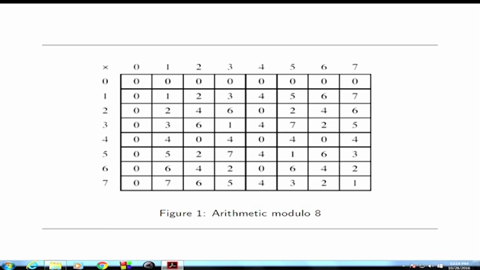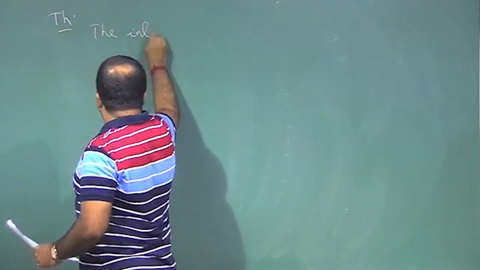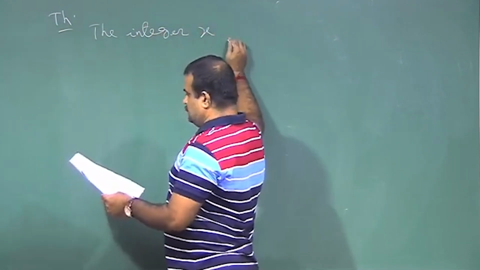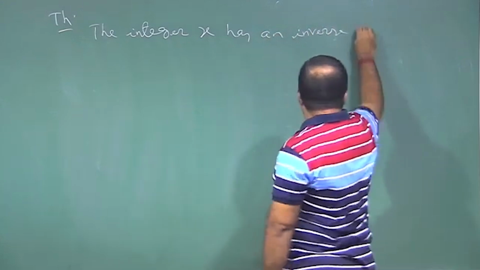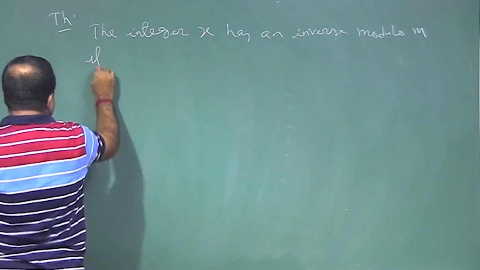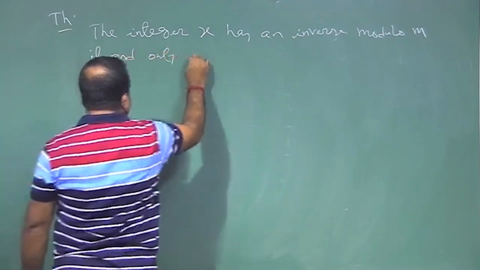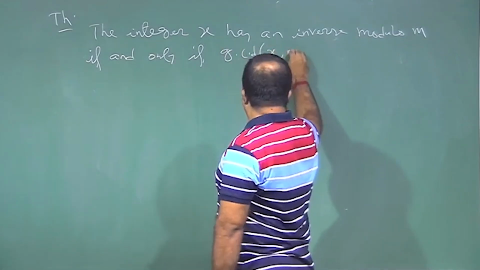So, this we will prove in a theorem. Let us have the theorem. This theorem is telling that the integer x has an inverse modulo m, here m is 8 and x is, say, A, if and only if they are relatively prime, GCD of x comma m is 1.